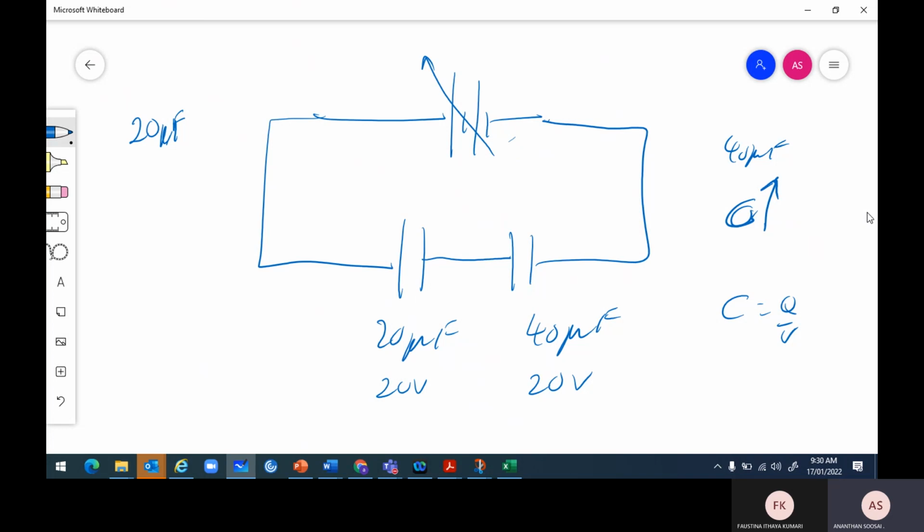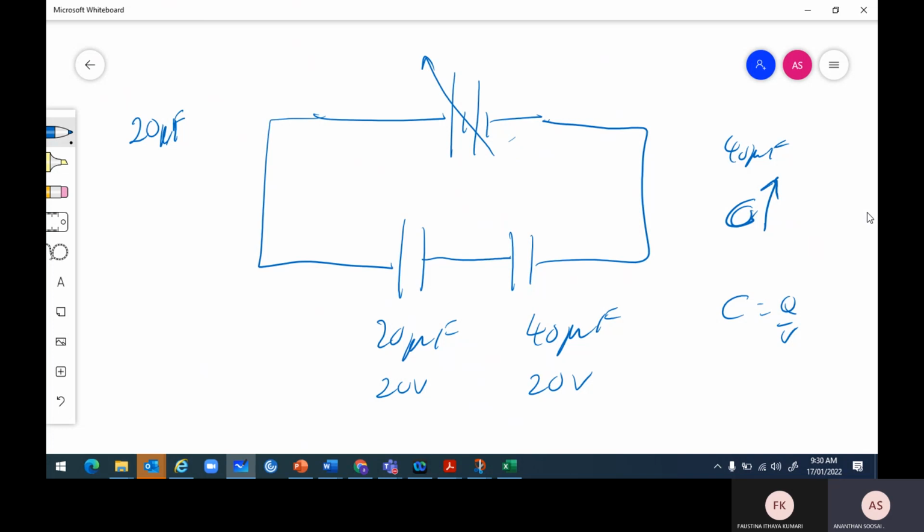Why does it need to take big voltage? Because you have to keep the same charge as the 40 microfarad. The charge is the same. So for 40 microfarad, a little voltage is enough to store a certain amount of charge. But 20 microfarad needs high voltage to store the same amount of charge.